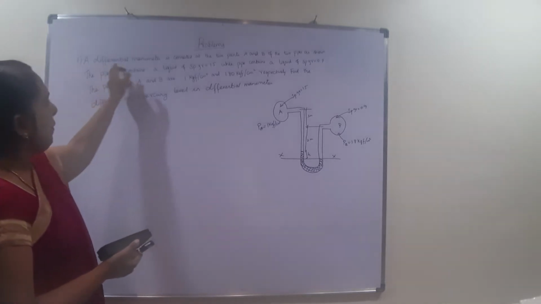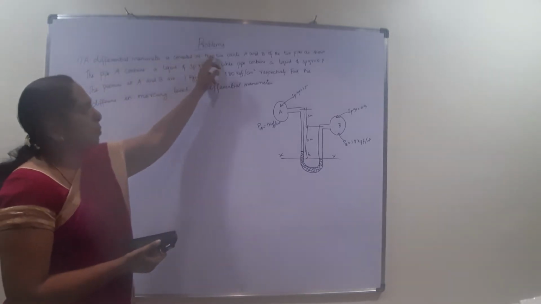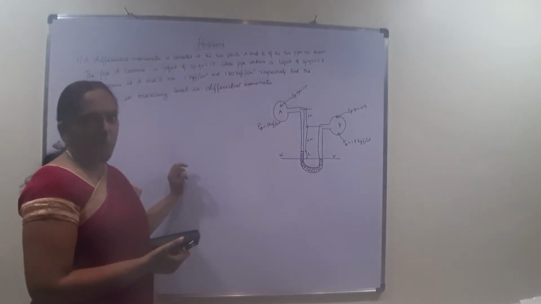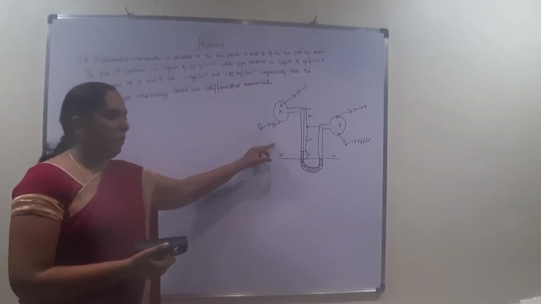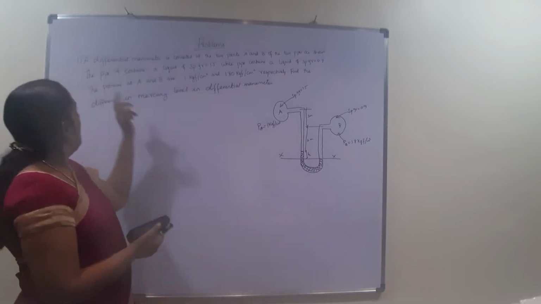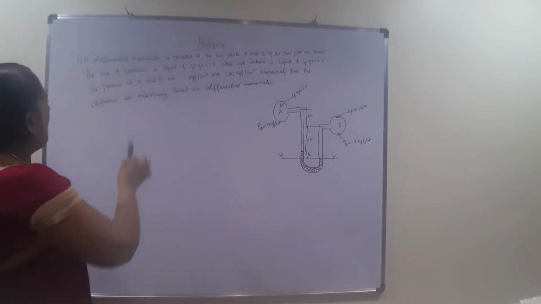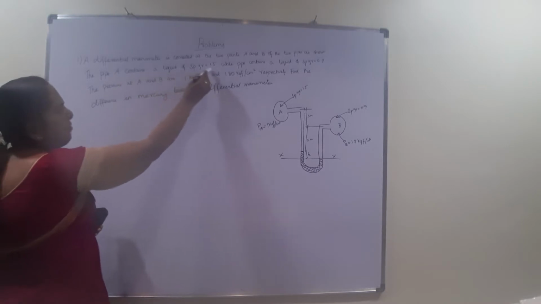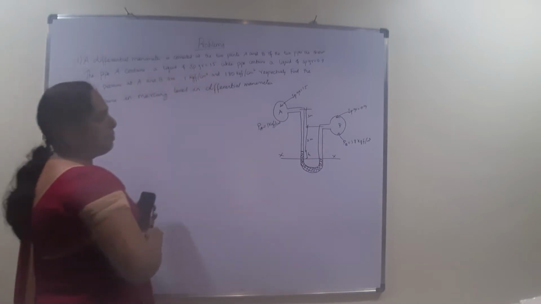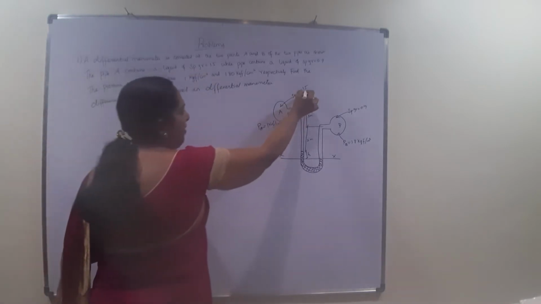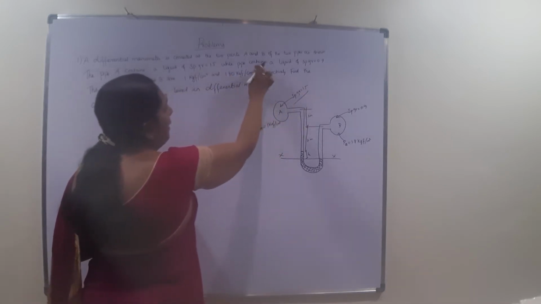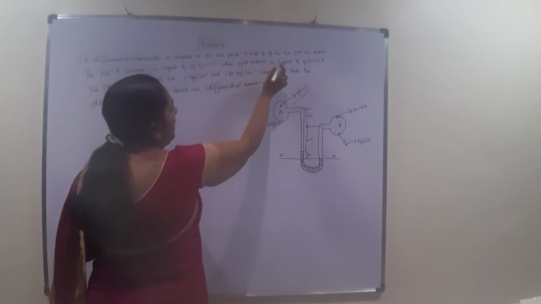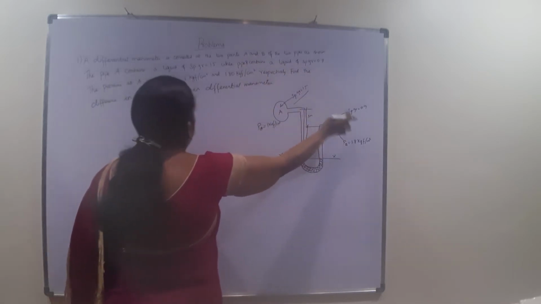So here is your problem. A differential manometer is connected at two points A and B of the two pipes as shown in the figure. In the question itself they have given you the diagram also. Here they have given that pipe A contains a liquid of specific gravity 1.5, while pipe B contains a liquid of specific gravity 0.9.